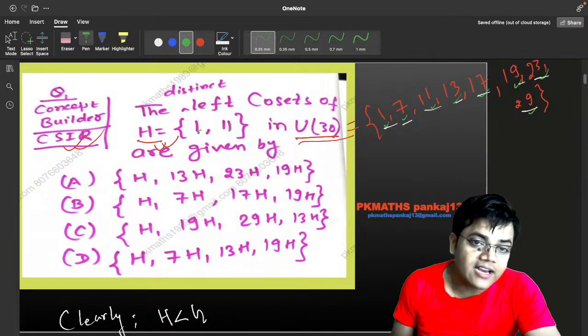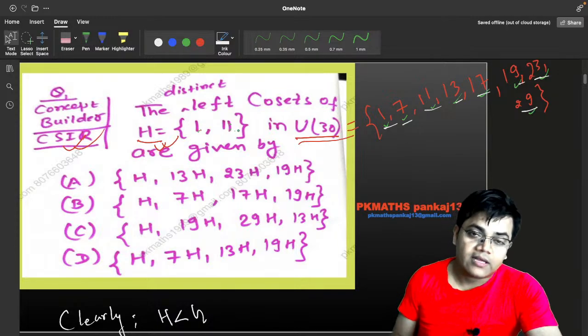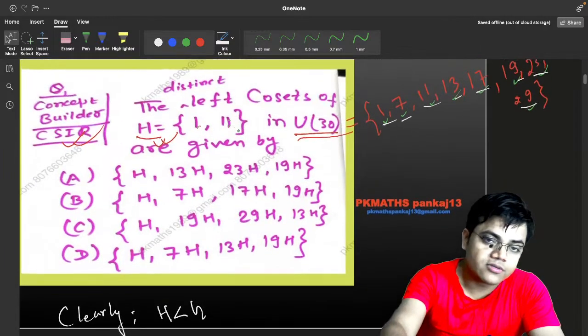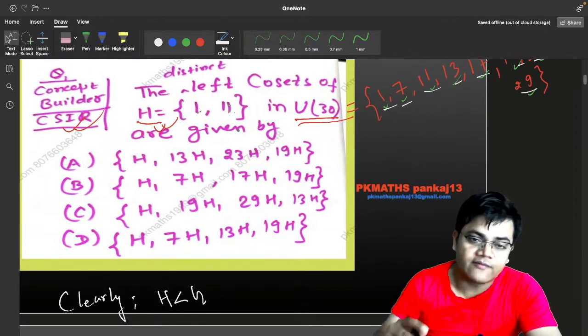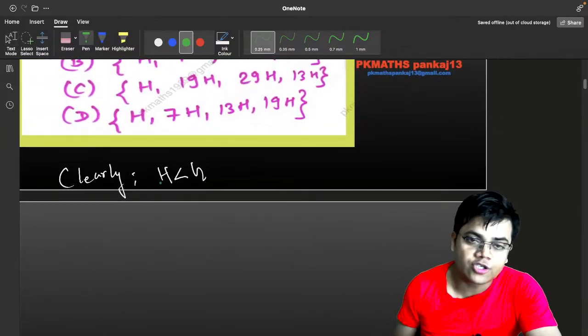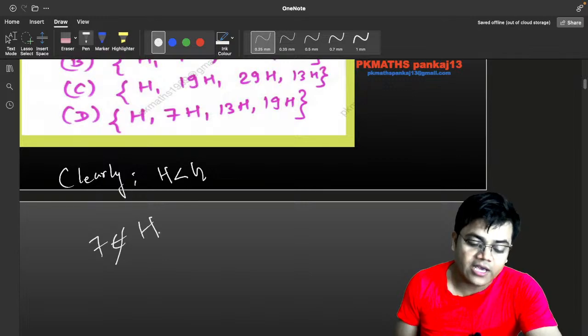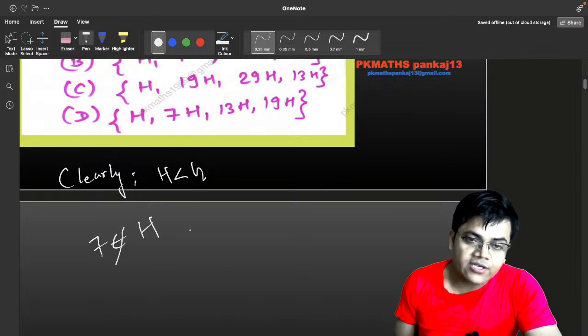Other than 1 and 11, elements will be selected to write the left quotients. Certainly we can see that 7 does not belong to H. So we are able to write a left quotient with the help of 7.